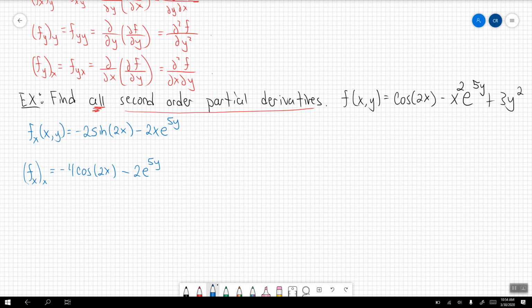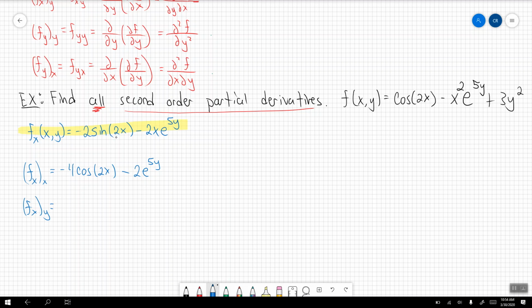Let's look at the second order partial derivative. All right, we now need to take the derivative of, let's highlight this in yellow, again, the derivative of this function. There we go. Focusing on this function, taking that derivative with respect to y.